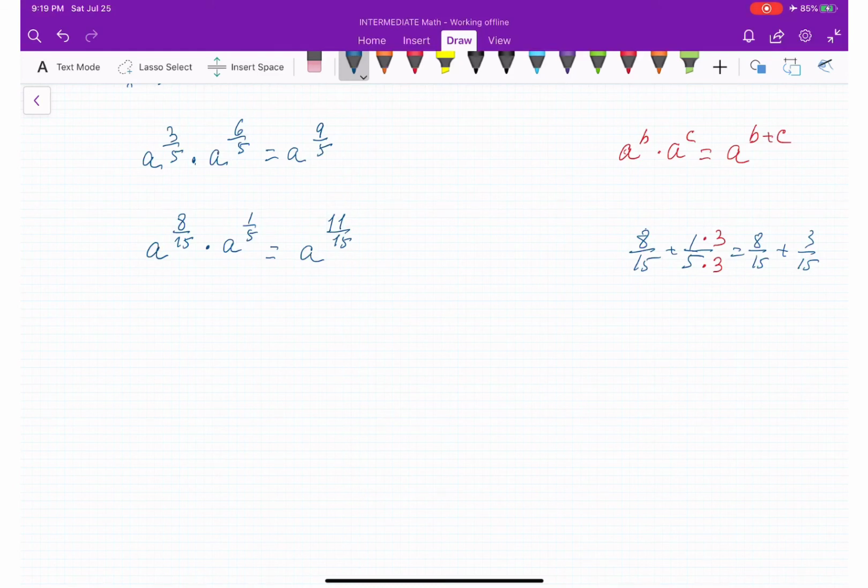Okay, next question. A to power negative 5 over 9 and b to power 9 over 8.